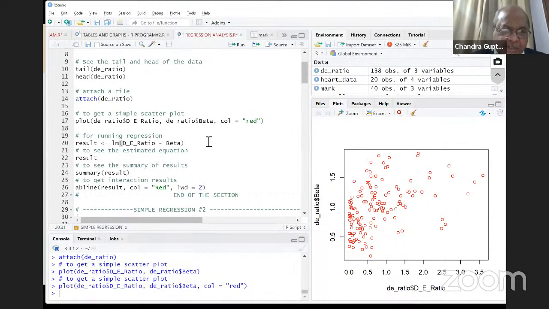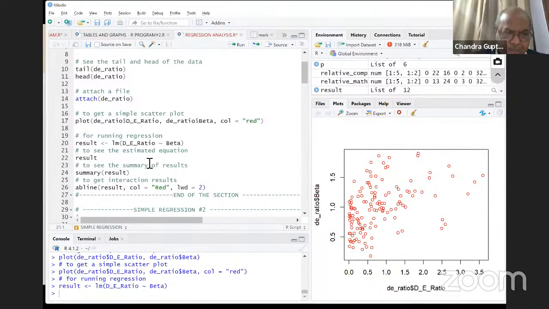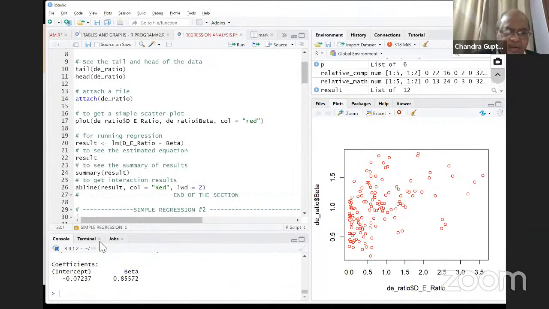So the result of the regression I'm saving in a variable called result. So I just run it. If you want to see the result, that's the result. So this is the value of the intercept and this is the value of the slope.